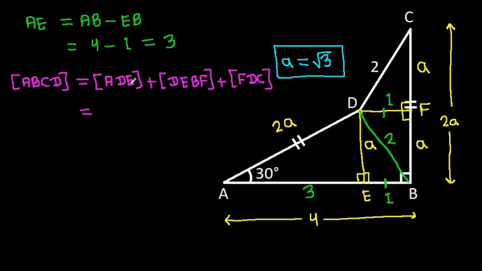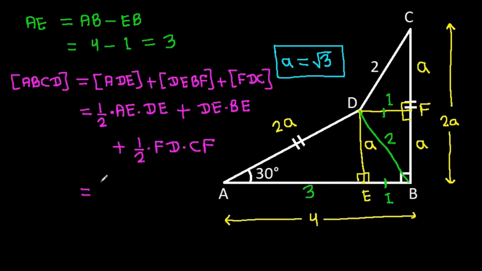Area of ADE will be 1 by 2 times base AE and height DE, plus area of DEBF will be DE times BE, plus area of FDC will be 1 by 2 times base FD and height CF. So it is 1 by 2 times AE is 3 times DE is a, plus DE is a times BE is 1, plus 1 by 2 times FD is 1 times CF is a.